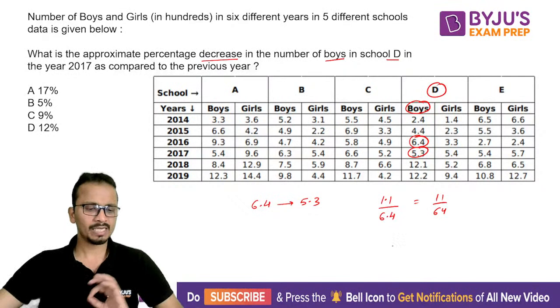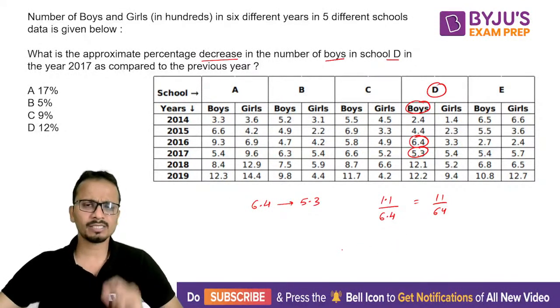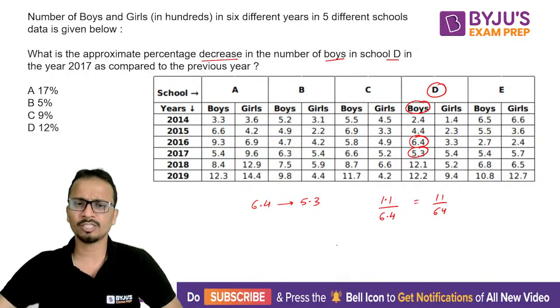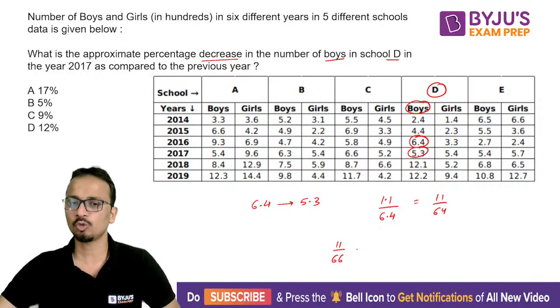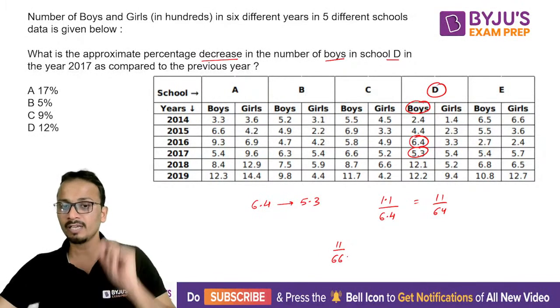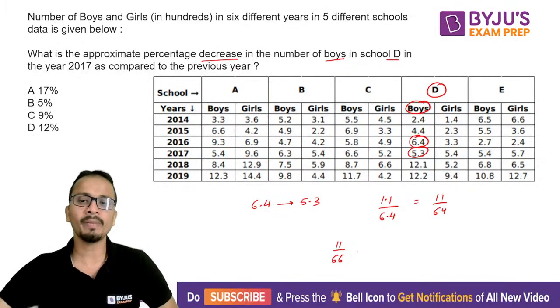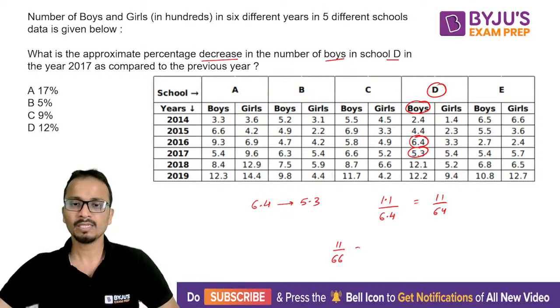Now, if you remember certain percentage equivalence of fractions, I can say that 11 upon 66, अगर denominator में 64 की जगह 66 होता, if in case there would have been 66 in the denominator instead of 64, then 11 upon 66 will become 1 by 6 and that is 16.66 percentage.